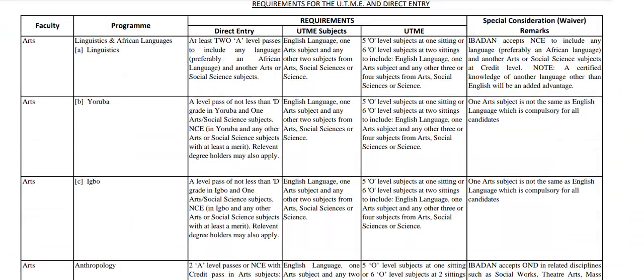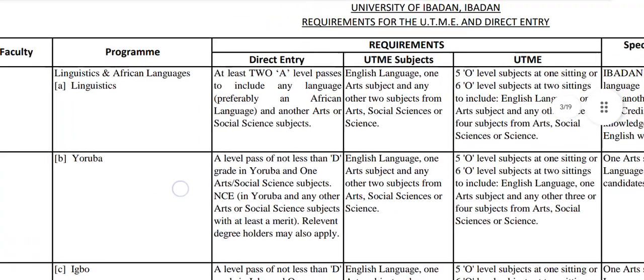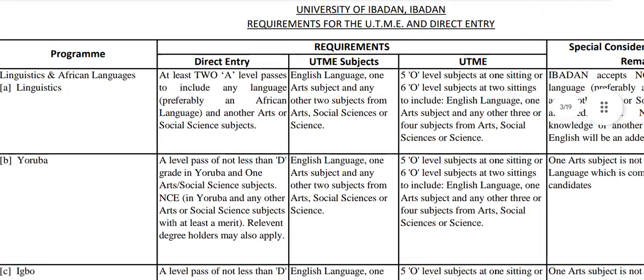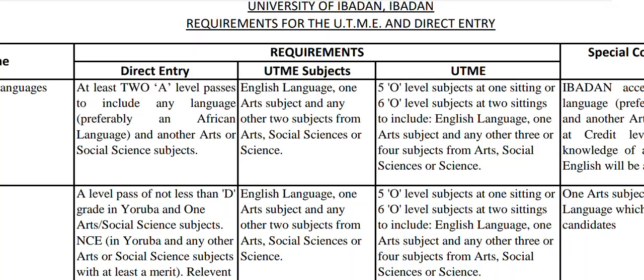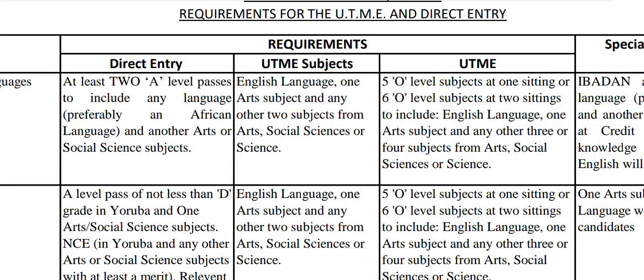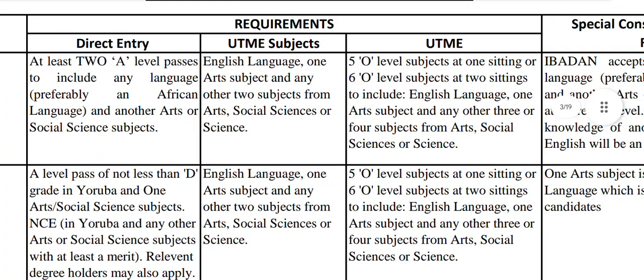So under arts, especially courses like linguistics, communication and language arts, English language and literature and all that. So we used to have issues with that. So for linguistics and African languages under faculty of arts, the UTME subjects are English language, that's compulsory, one art subject and any other 2 from arts, social sciences or science.